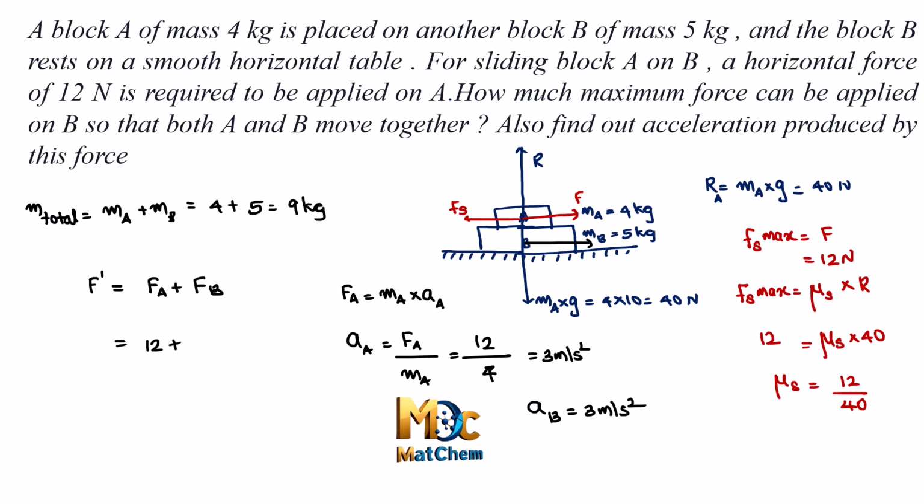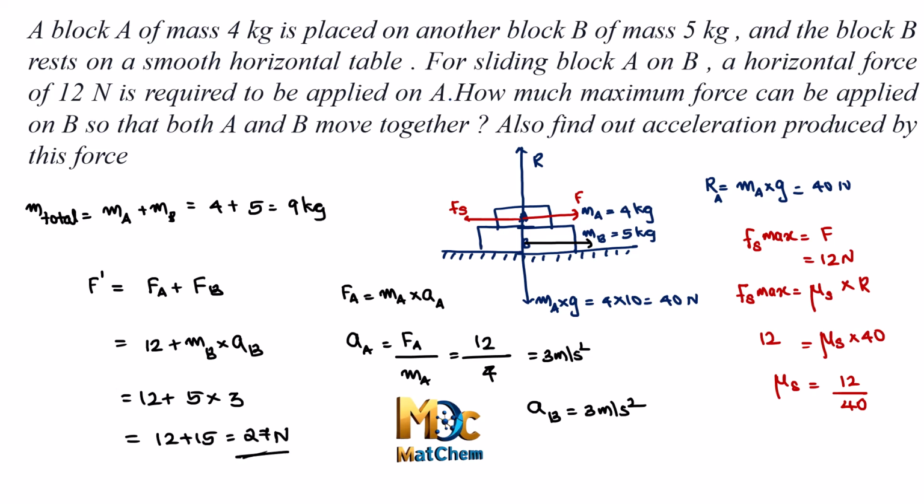So Fa will be equal to 12 Newton. Fb will be equal to mass of B into acceleration of B. So 12 plus mass of B, which is 5, into acceleration, which is 3. That is 12 plus 15, that is equal to 27 Newton.